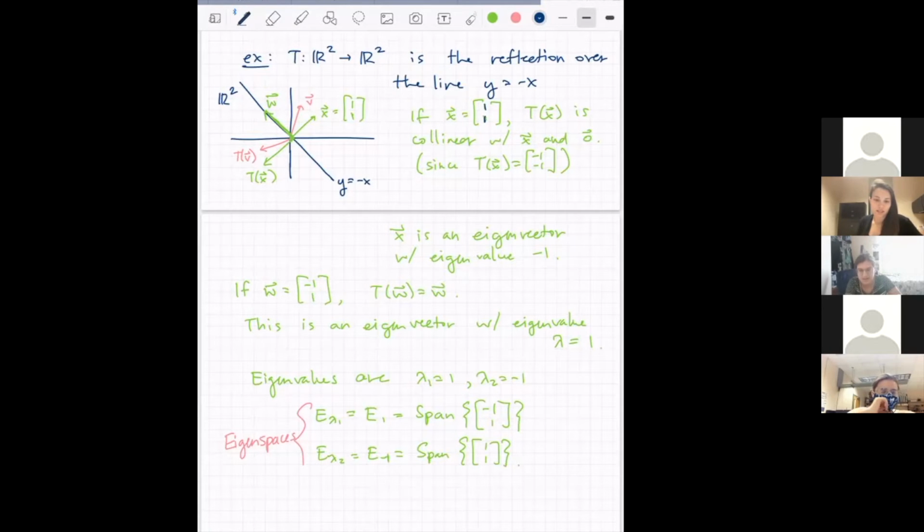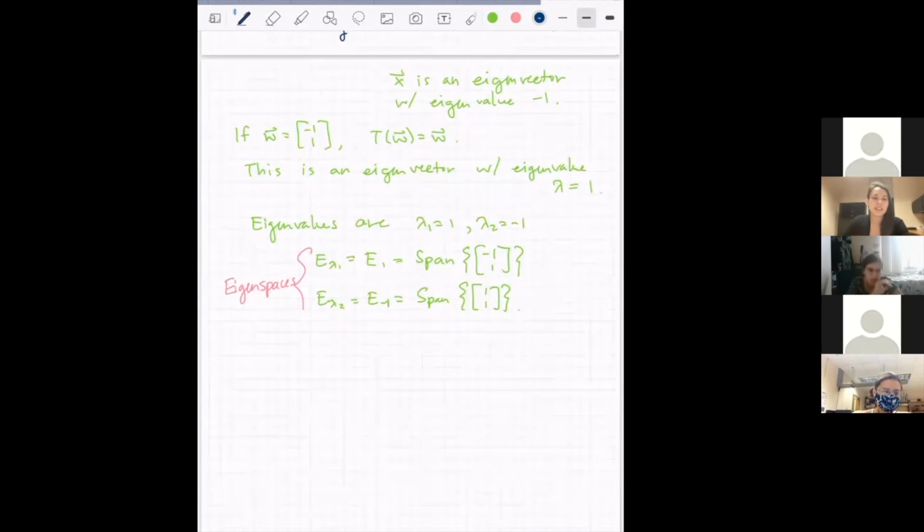Right, yeah. Well, try to take in as much as you can, and then you can always go back over it later and try to understand a little better. Thank you. Yeah. So this is another way of thinking about eigenvectors and eigenvalues, right?